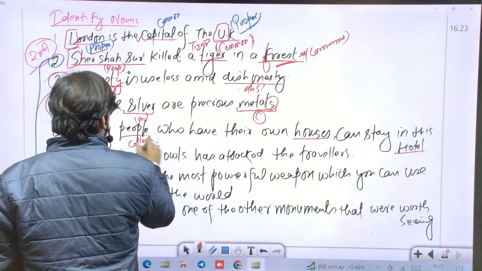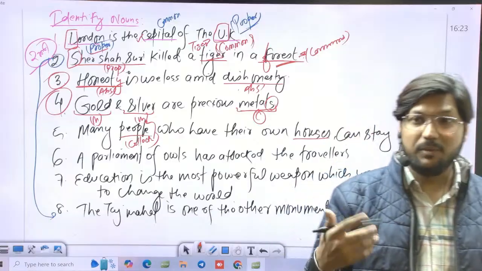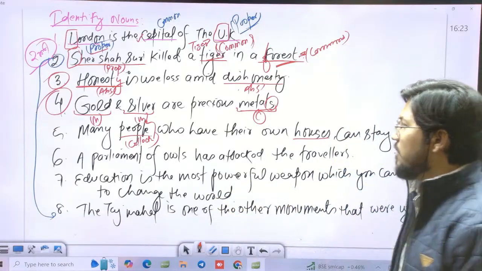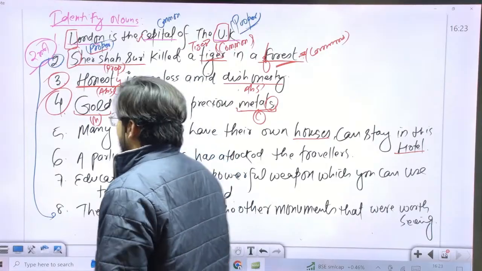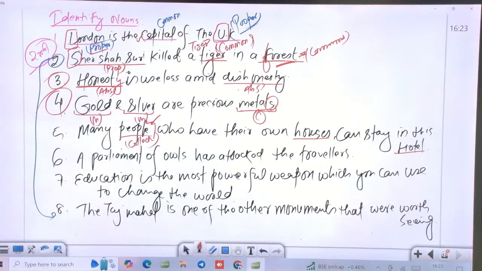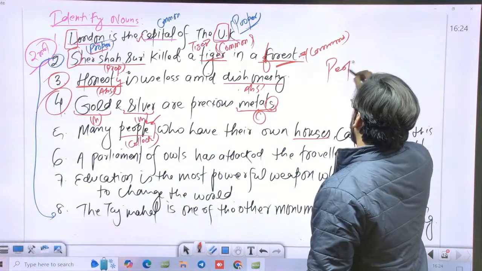Why? Because if we talk about people, there are so many persons there. But can we say this is a common noun? Can we make them plural? No, because this is plural itself.